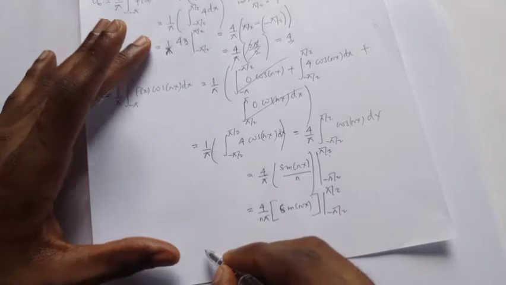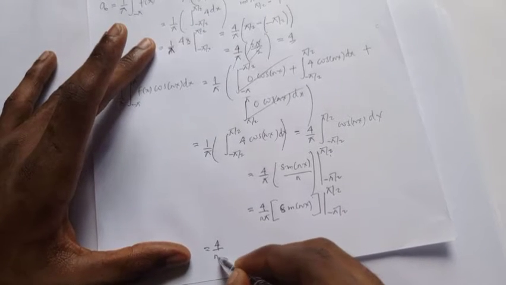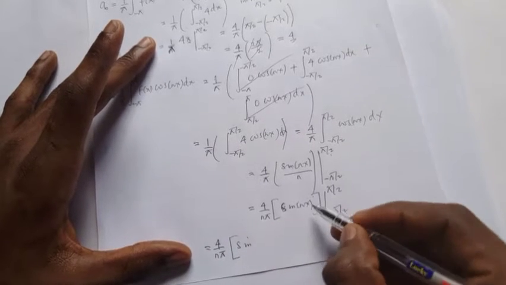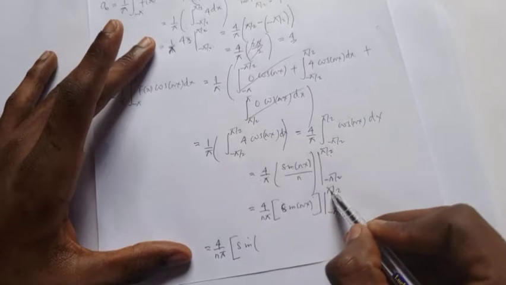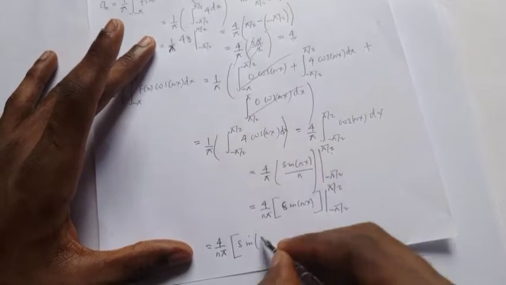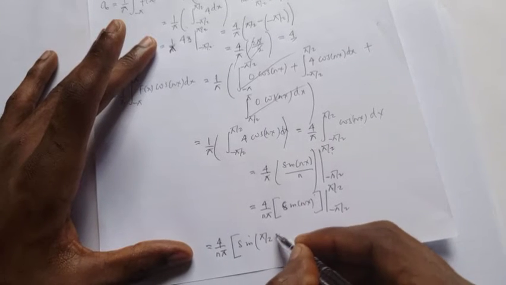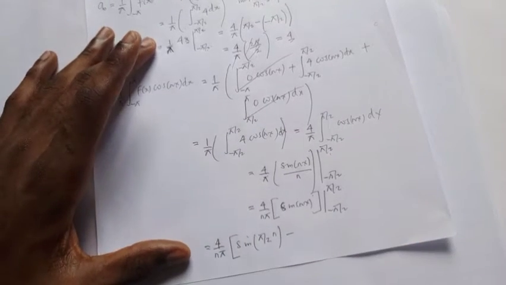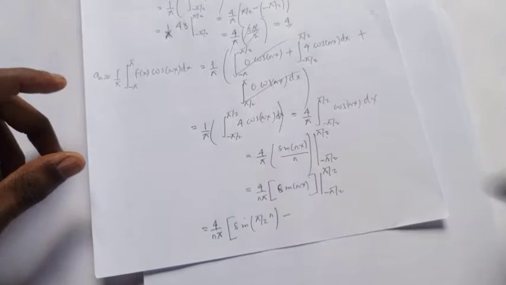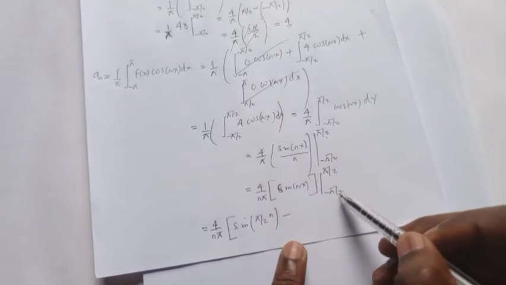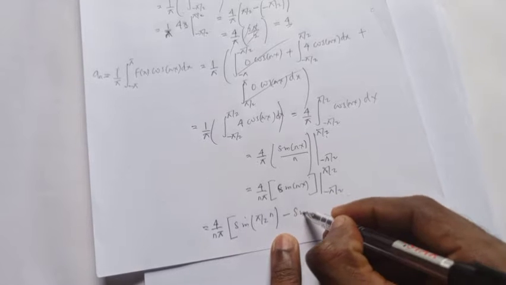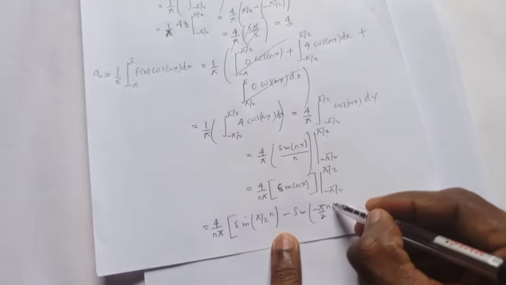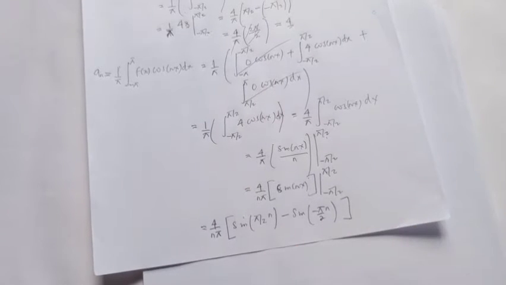By substitution, this is equal to 4 over n pi into sine of, in this situation, the upper limit enters, so we have pi over 2n, minus the lower limit, which is sine of minus pi over 2n. Okay, so this is what we have.